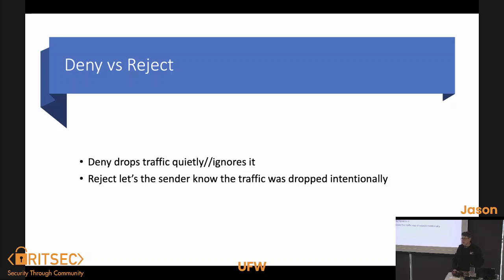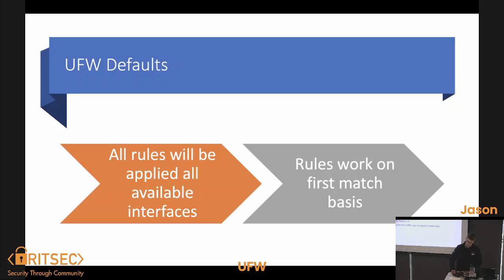I forget the exact implementation of this in TCP, but it's definitely something that you can pick up with an Nmap scan or different variations of Nmap, like the Christmas tree or the FIN scan, all that good stuff. This is really up to your discretion. It's a nuanced thing about why you would want to deny versus reject traffic. So I'll let you peruse that at your own interest.